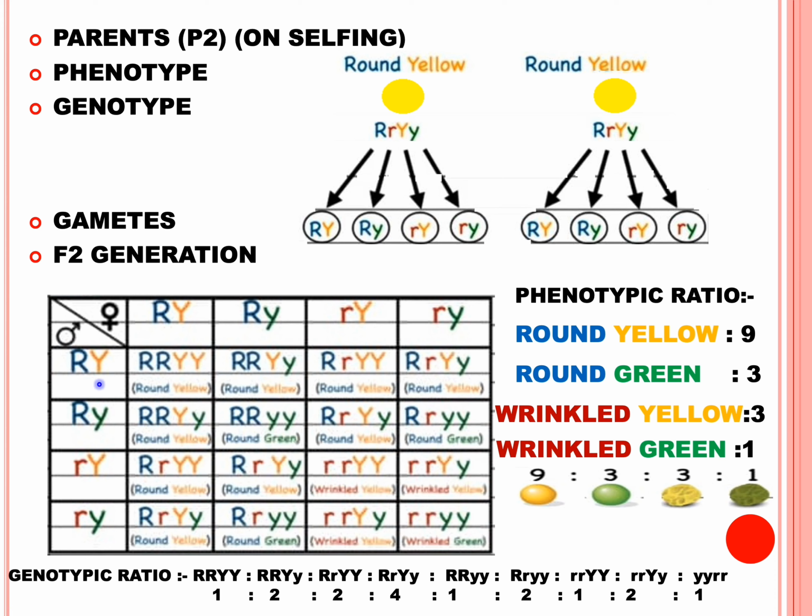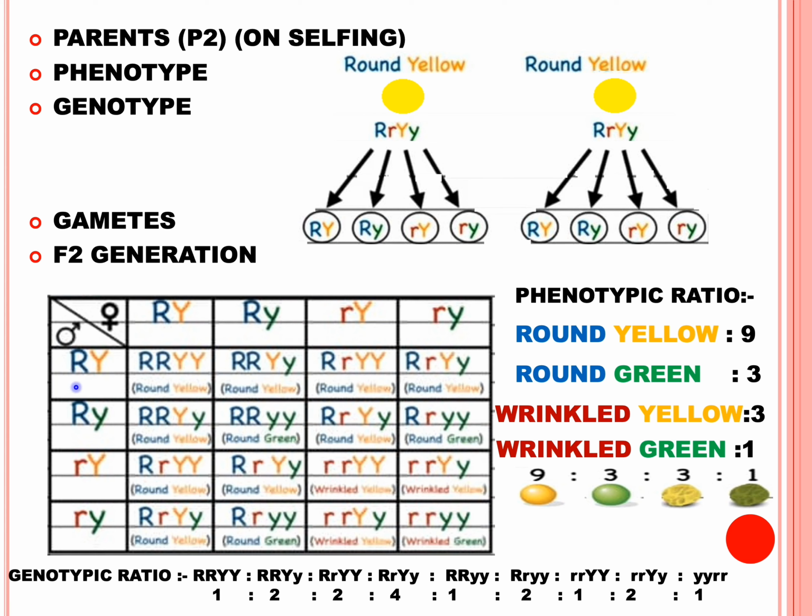And if this male gamete, capital R, capital Y, fuses with a capital R, small y female gamete, then the genotype obtained is capital R, capital R, capital Y, small y, with phenotype again round and yellow, because round is a dominant trait and yellow is also a dominant trait.